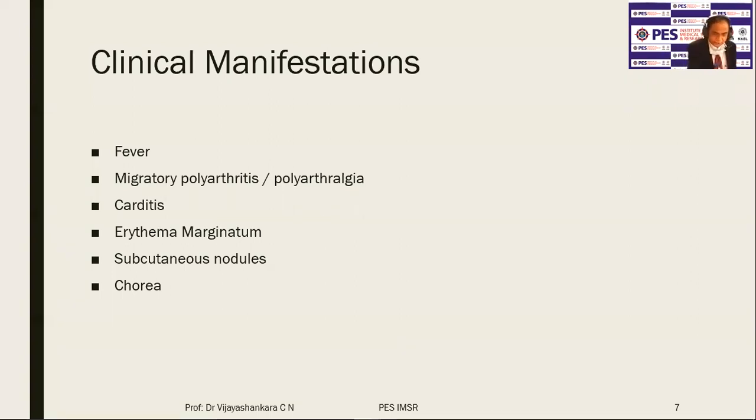I think the Chorea should have come up because that is much more common than erythema marginatum and subcutaneous nodules. The Chorea is one of the clinical manifestations which we see as a part of acute rheumatic fever, but usually it occurs in isolation. There are no associated findings, not even a fever, and definitely not polyarthritis.